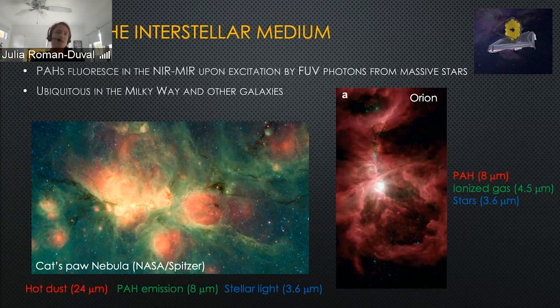On the left here, what you can see in red is the hot dust that is heated by those young massive stars, very blue stars. And stellar light is shown in blue in this image. And so you can see those PAHs tend to surround the bubbles of hot dust and even ionized gas that is blown away by those powerful massive stars.